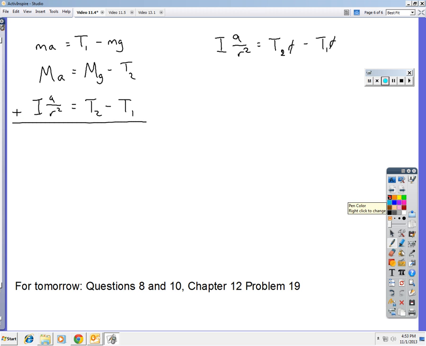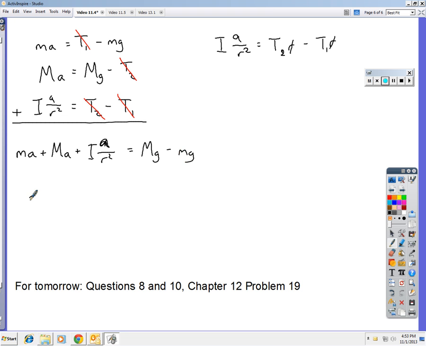But in this case, it happens to be quite easy if you just add all three equations together. You'll see that T2 and T1 cancel out of both sides. And so what we get on the left side is little ma plus big MA plus I A over R squared equals big Mg minus little mg.